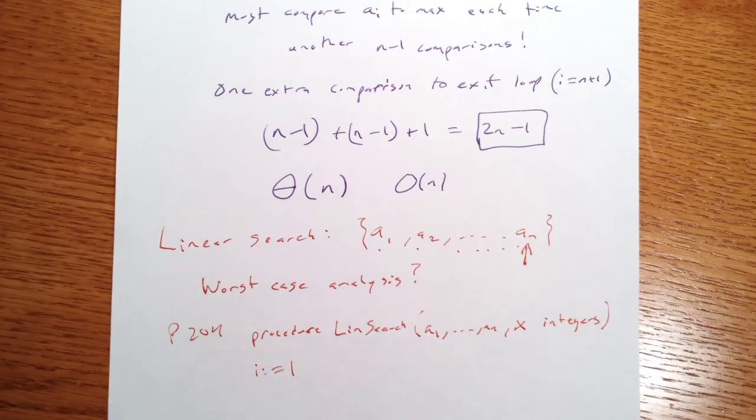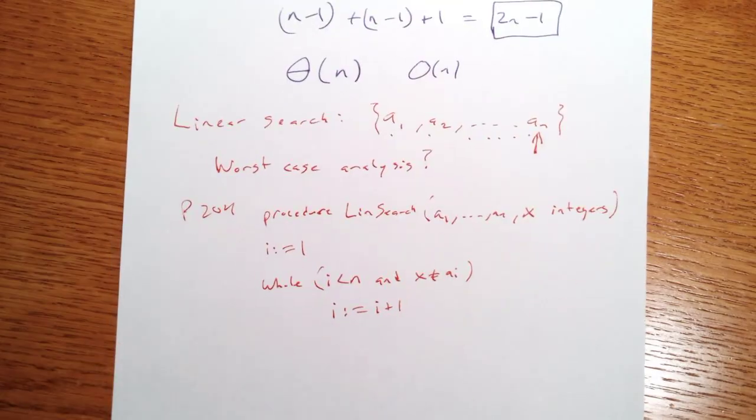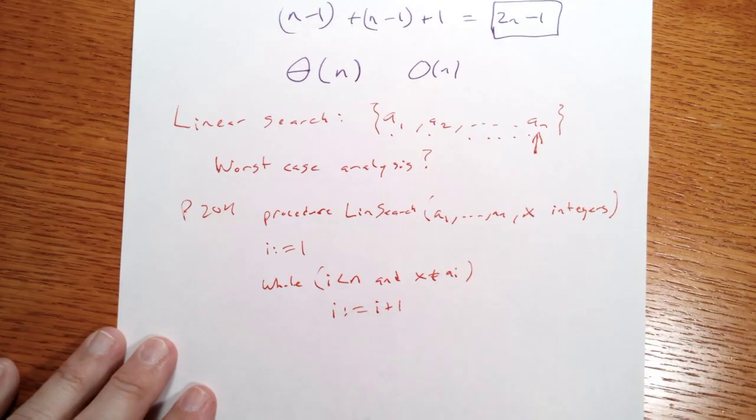Start with a counter. While i less than n and x not equal to ai, add 1 to the counter. If either of these conditions fail, then I know where I am.